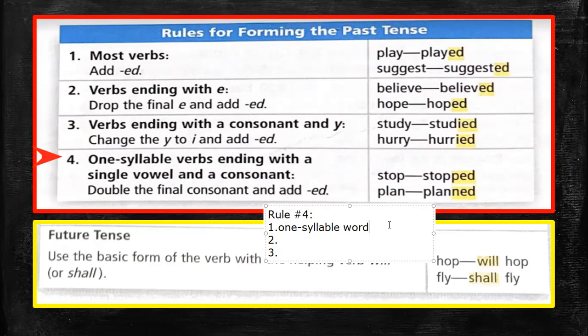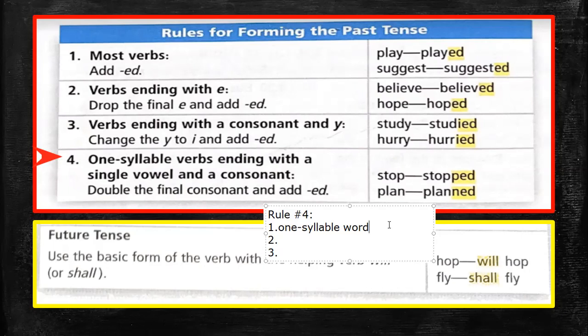So in the examples here, we have stop and we have plan. And I hope that you remember, because we worked dividing words into syllables, and you've also done it with Señora Nieves in Spanish class. But for those of you that maybe you've forgotten, let's just practice. Let's use the word stop, for example.